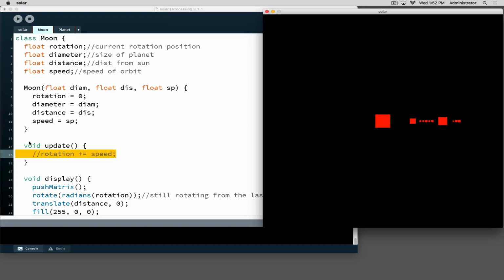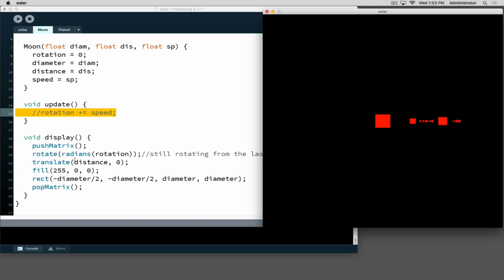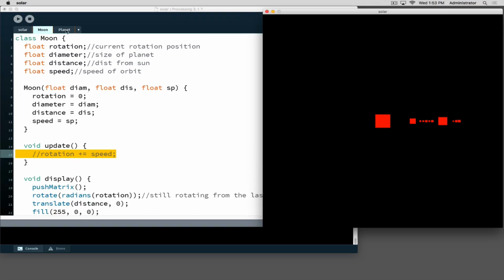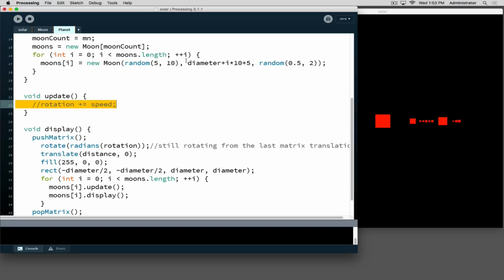Now, if I turn off all the rotations, you will notice how we have the first planet, the second planet, the third planet, the second planet with its 5 moons, the third planet with its 3 moons. So we can see how when the moons are added to a planet, each moon is pushed a little 10 pixels further out from its neighbor. So we take the diameter, we add 10, and then spacing of 5.